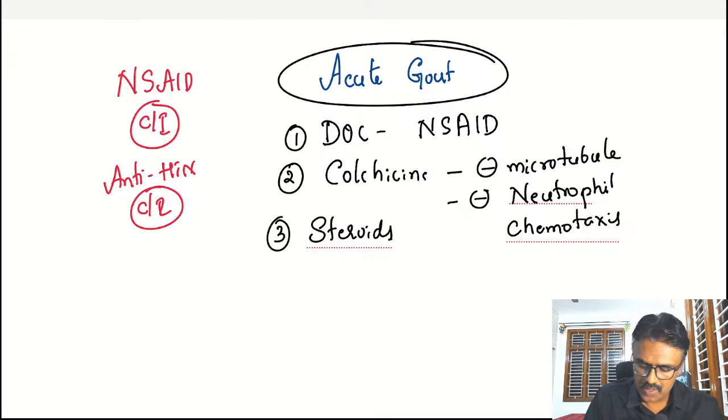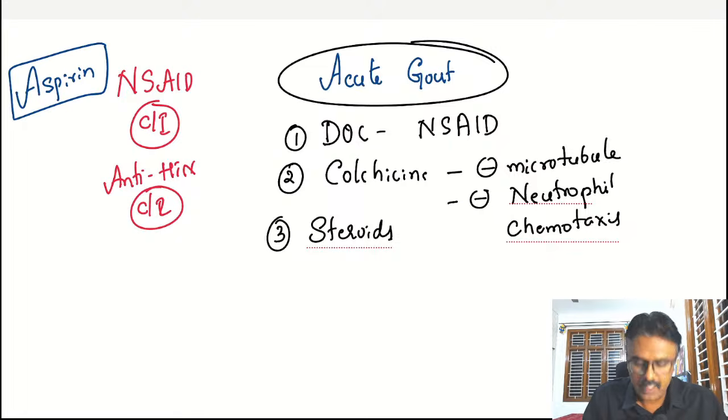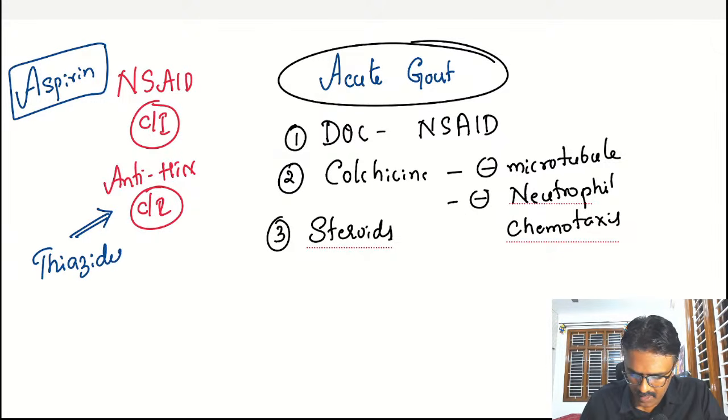The NSAID which is not given is aspirin. The reason is aspirin increases uric acid, so never give it. The antihypertensive which is not given in a gout patient is thiazides. I told you already, they can increase uric acid. Thiazides are not given. So never miss gout for any exam. Small topic, only a few concepts, 1 mark, easy. Okay.